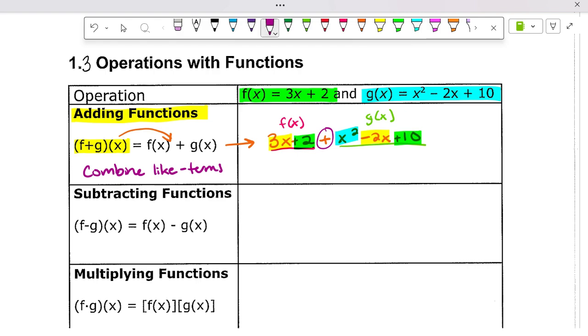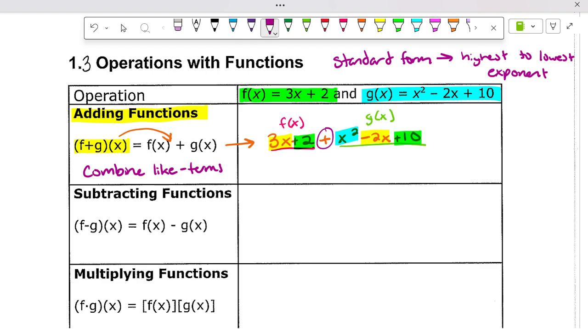So, just make a note. Standard form. I don't know why I wrote stand form, but it's one of those days, I guess. Standard form is just highest to lowest exponent.